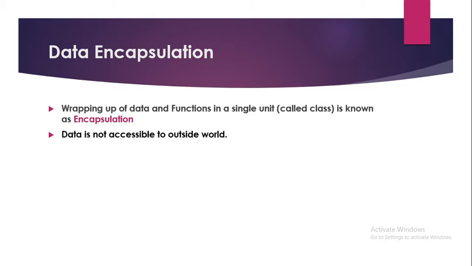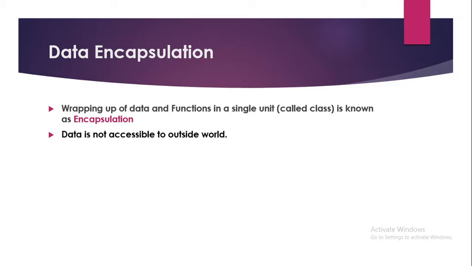Why is it called encapsulation? It is because whatever data is available in the class or for the object can be accessed only by the object functions, or the functions which are declared within the class.